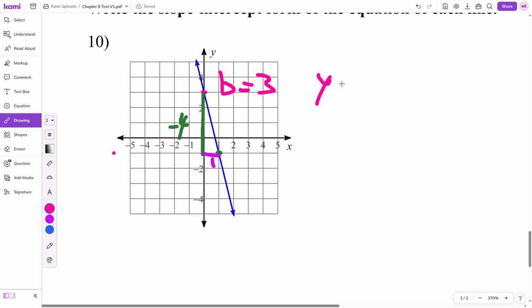So that means that our equation is y equals -4 over 1. You know what? I'll just go ahead and tell you it's just -4 because divide by 1 doesn't make a difference. And don't forget the x, and then it's +3.